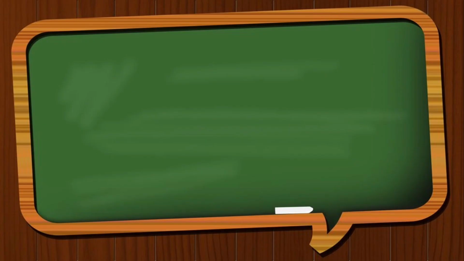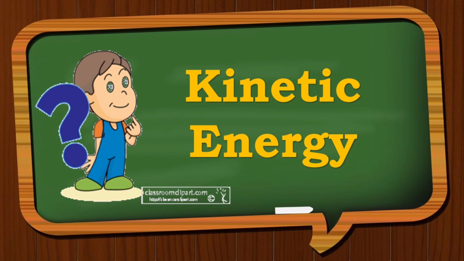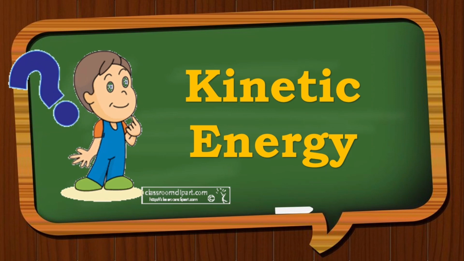So, after you learn how to get the value of the gravitational potential energy, we will now discuss how to get the value of the kinetic energy. So, the question for now is, how are we able to get the value of kinetic energy?